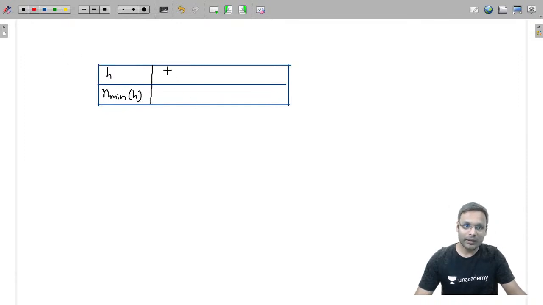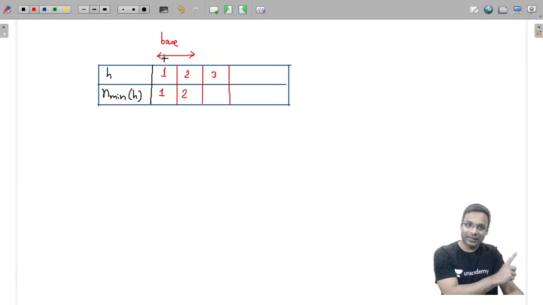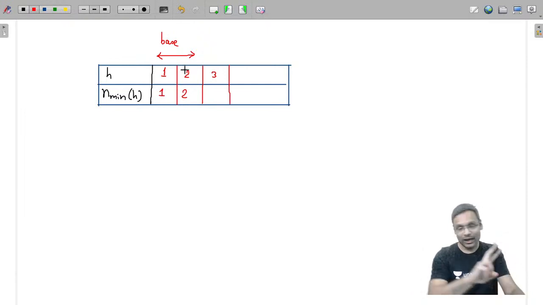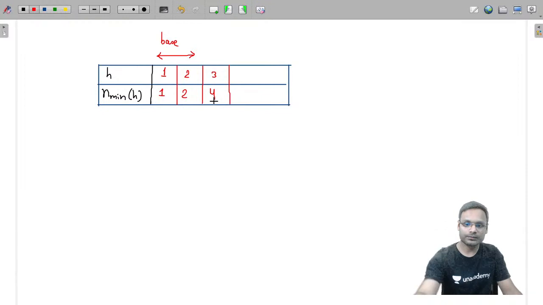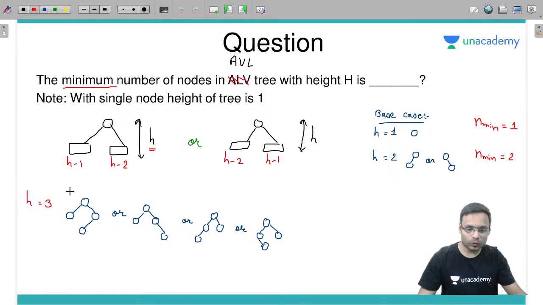So assuming height is 1, number of nodes is 1, base case. If height is equal to 2, number of nodes is 2. These are the two base cases. Now for further, next height is equal to 3. One side you have height 1 with 1 node, other side you have height 2 with 2 nodes, total 3 plus root, total 4 nodes.